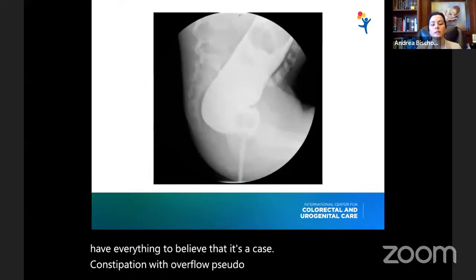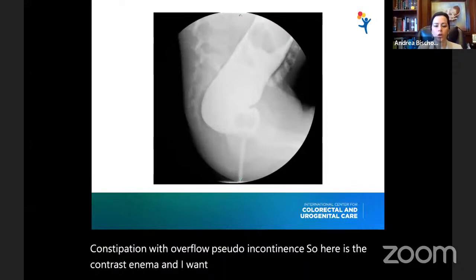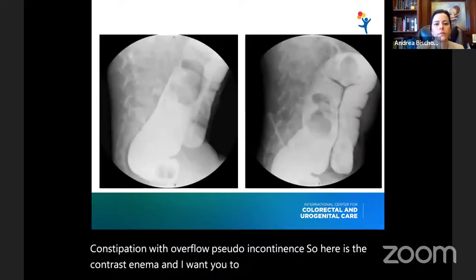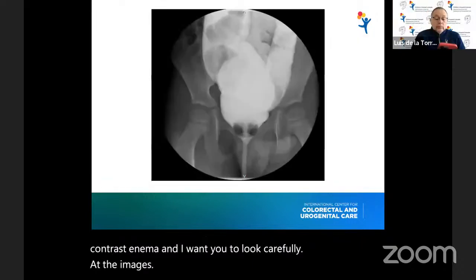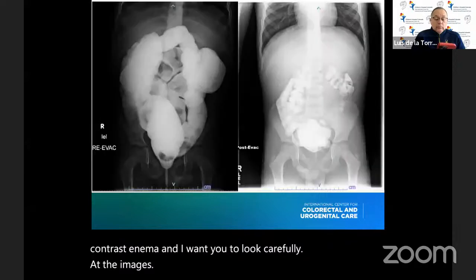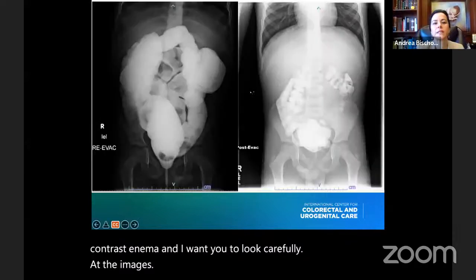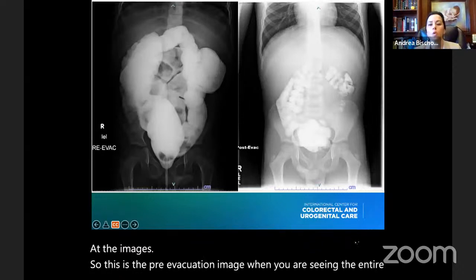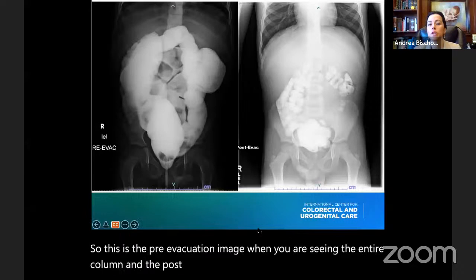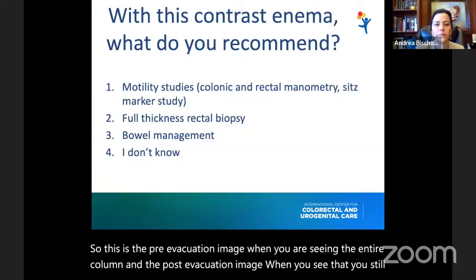So here is the contrast enema, and I want you to look carefully at the images. So this is the pre-evacuation image when you're seeing the entire colon, and the post-evacuation image when you see that you still have residual contrast.